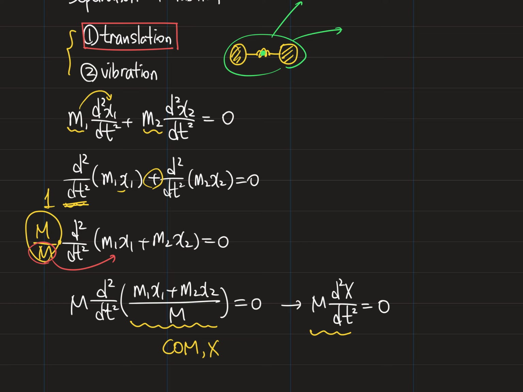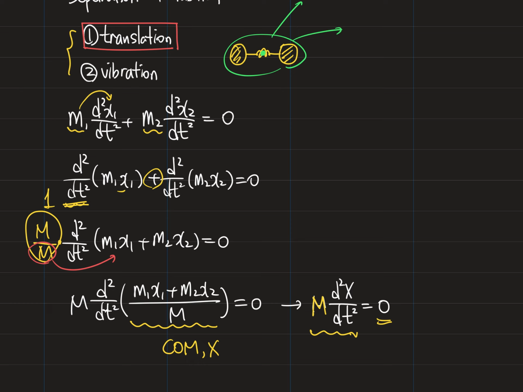I'm sorry, Newton's second law of motion for the center of mass, x, with total mass, capital M. And this motion does not have any external force. So the center of mass moves at a constant velocity, and this describes the translational motion of the molecule as a whole moving uniformly through the space.